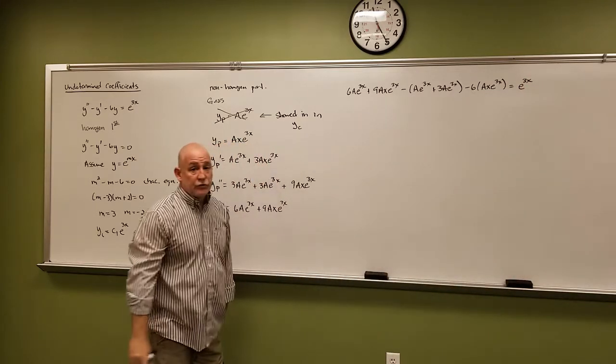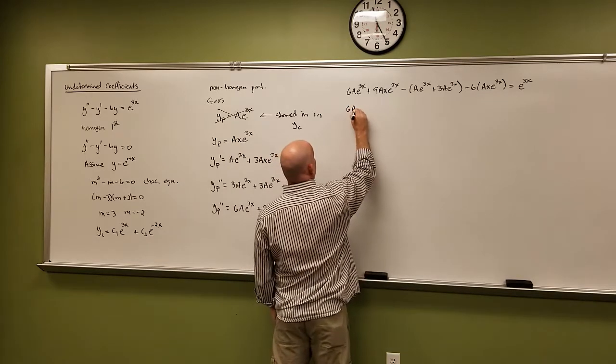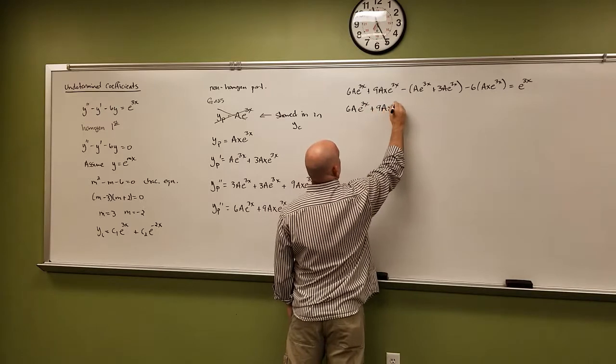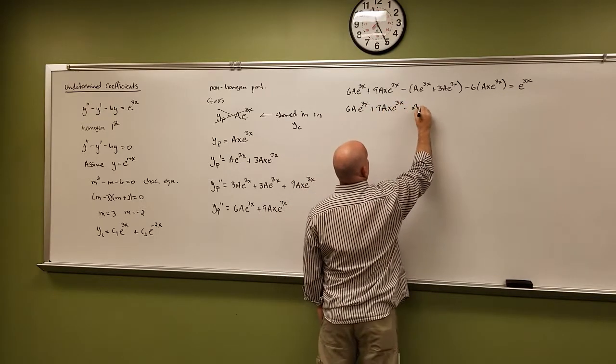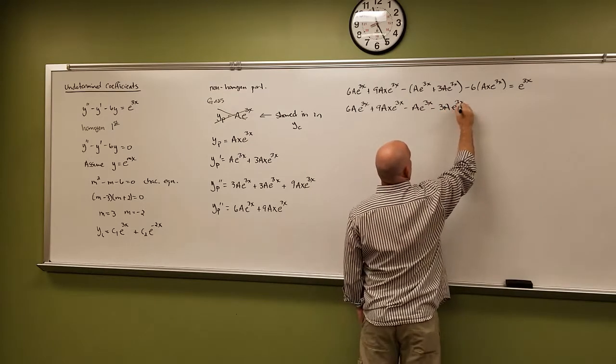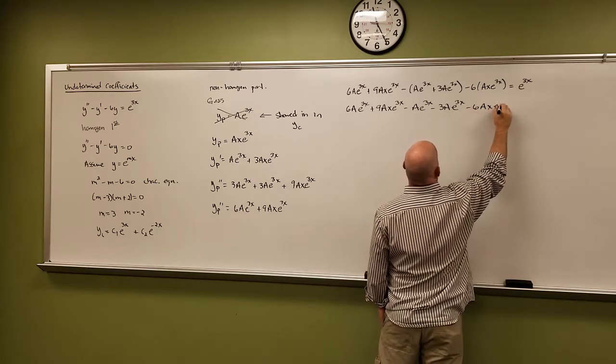All right, let's distribute everything out here and combine any like terms we may end up with. 6a e to the 3x plus 9ax e to the 3x minus a e to the 3x minus 3ax e to the 3x minus 6ax e to the 3x.